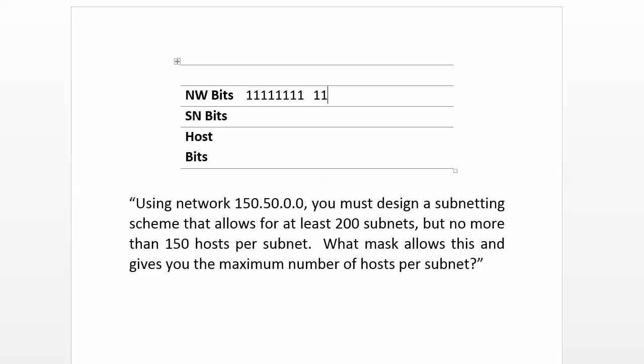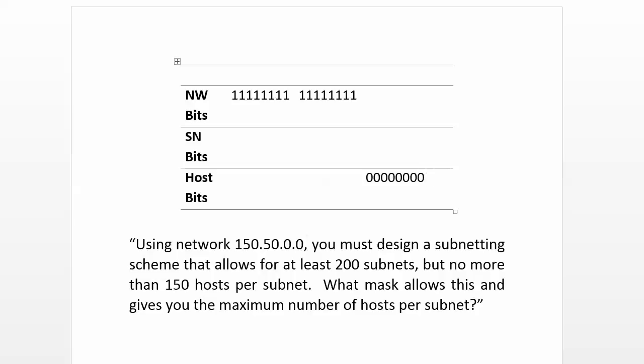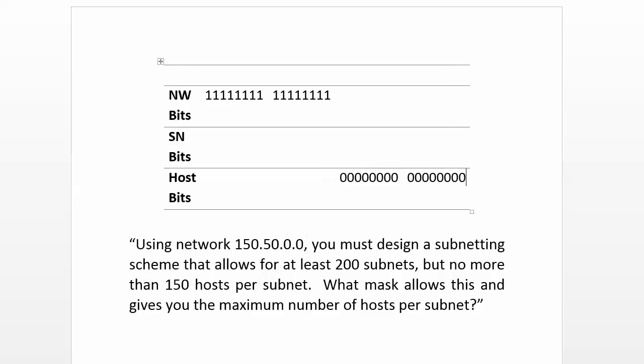See if our tab works in 4, 5, 6, 7, 8. There we go. I'm going to try and put these zeros down here. Excellent. So this is what we're starting with. And we have no subnet bits because we haven't done any subnetting yet. So we've got 16 network bits, we've got 16 host bits.